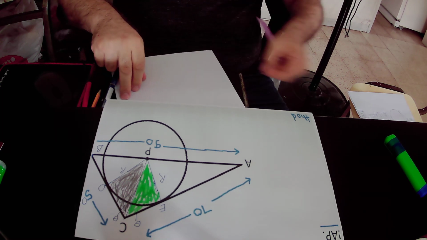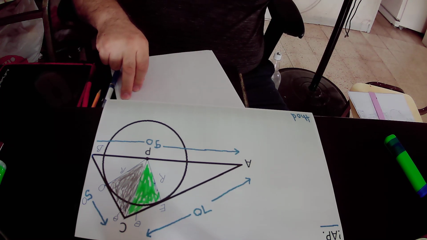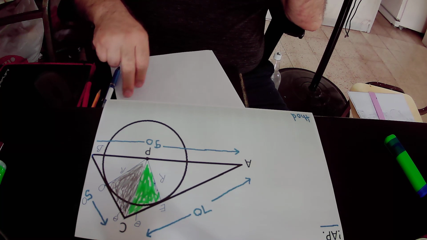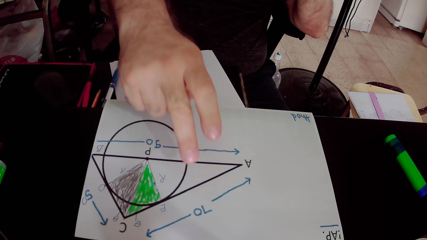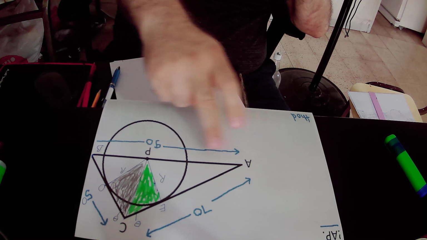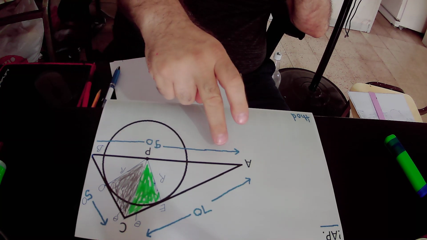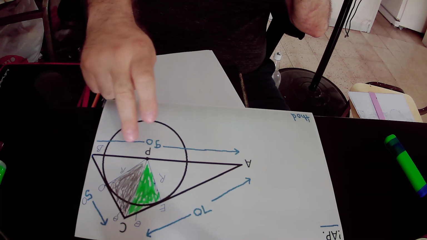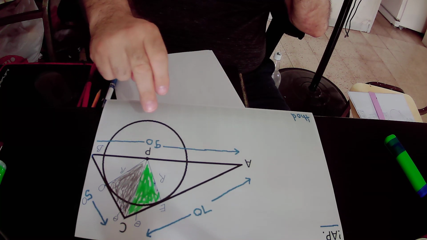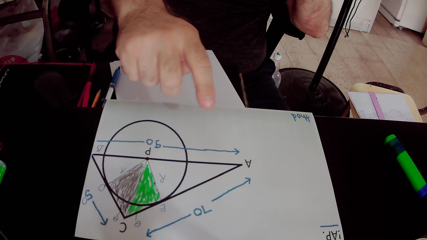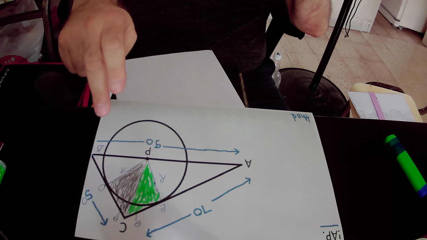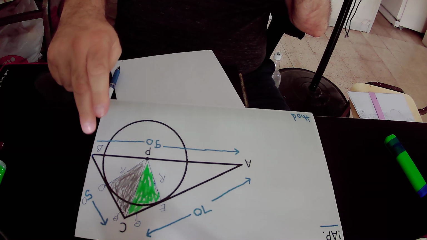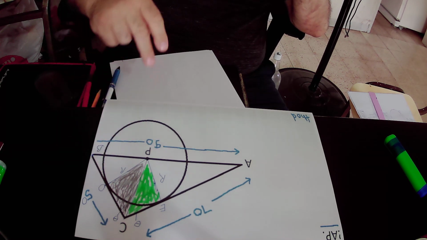We have a triangle with size AC equal to 70 units, and side AB equal to 90 units. I will repeat, the size of side AC of the triangle is 70 units, and the size of side CB of the triangle is 50 units.